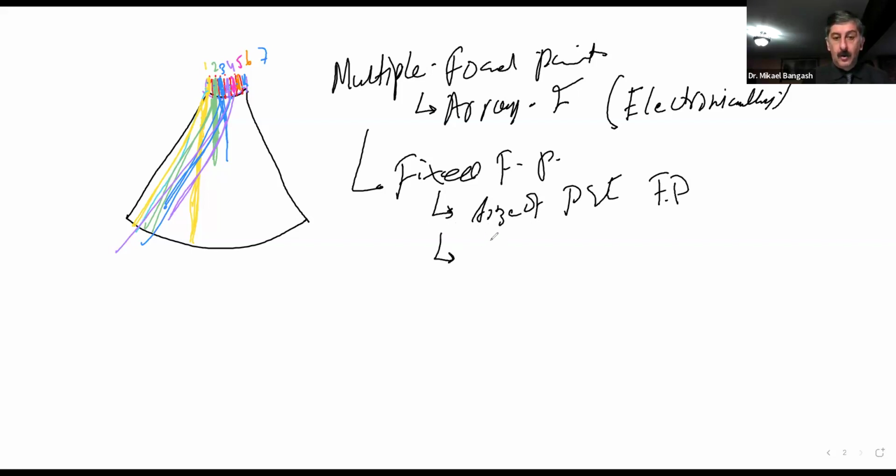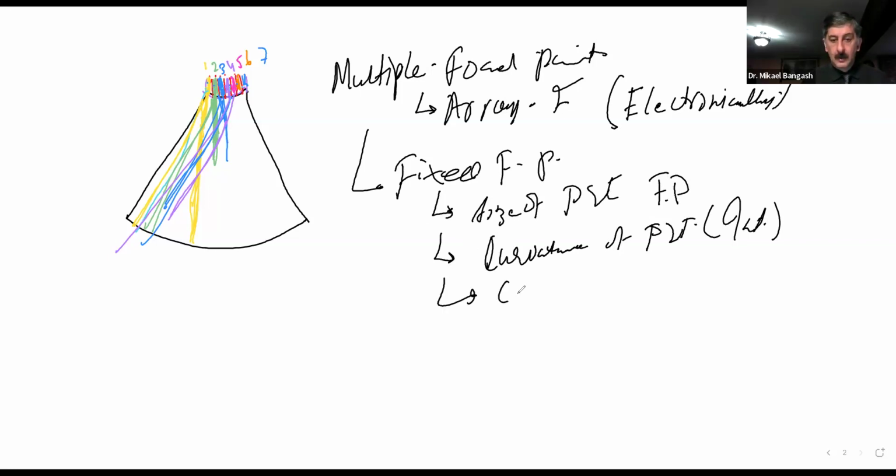Or the curvature of the PCT, if we said that we had internal focusing, or the curvature of the lens, if we said that we had external focusing.